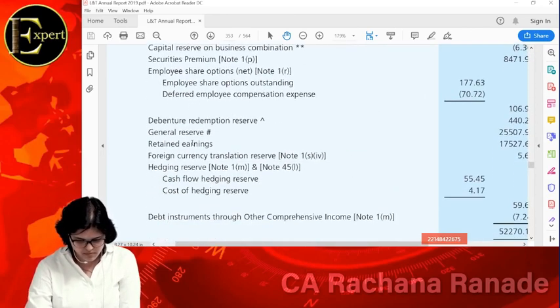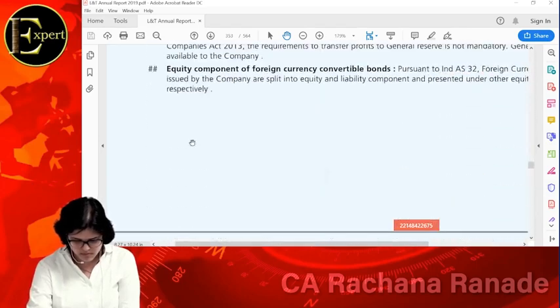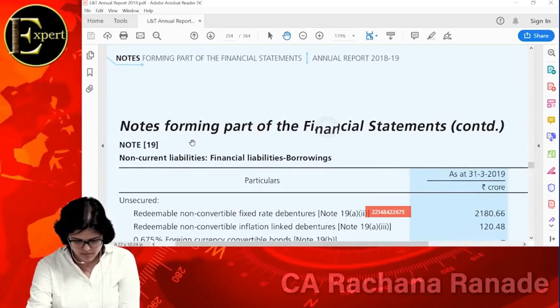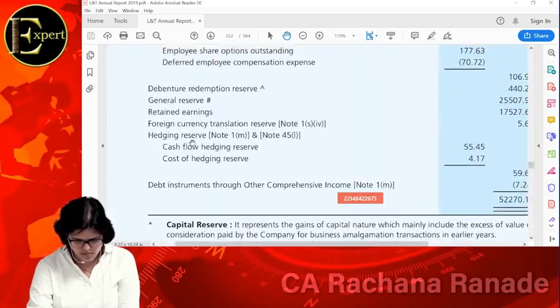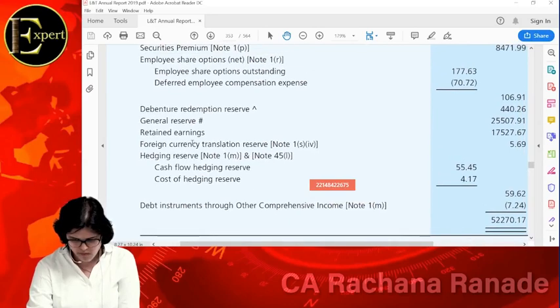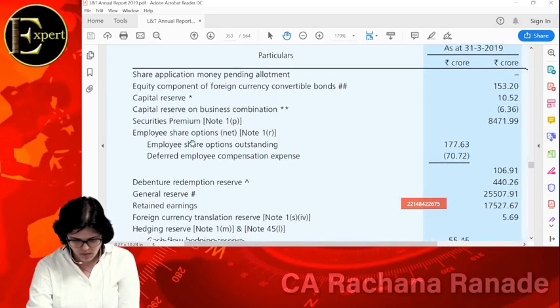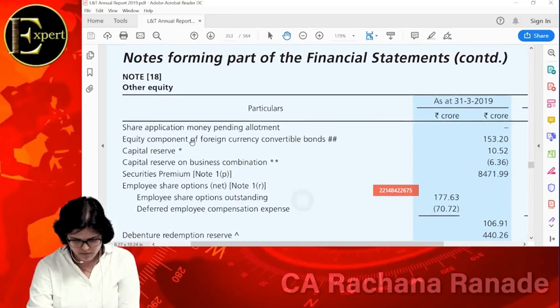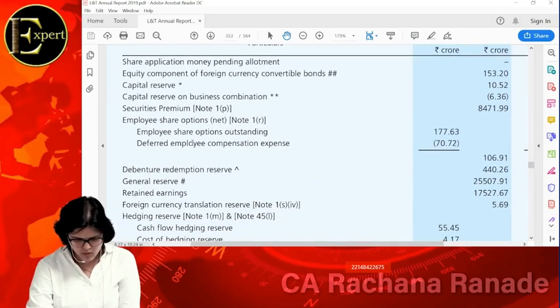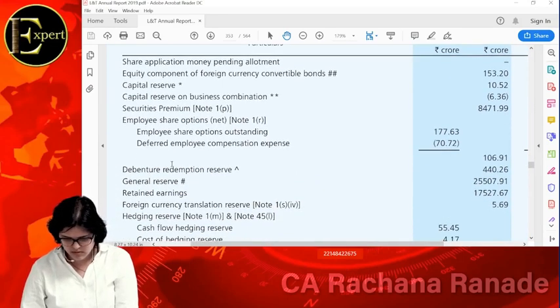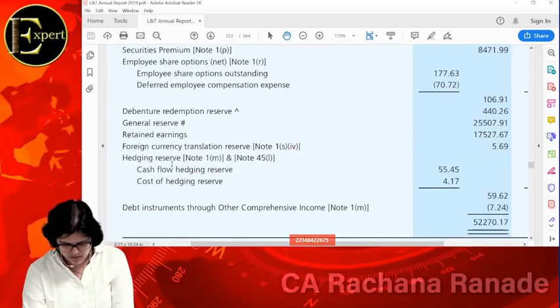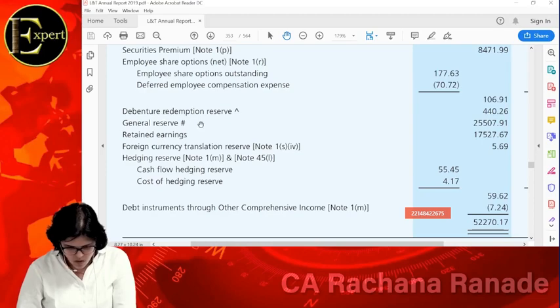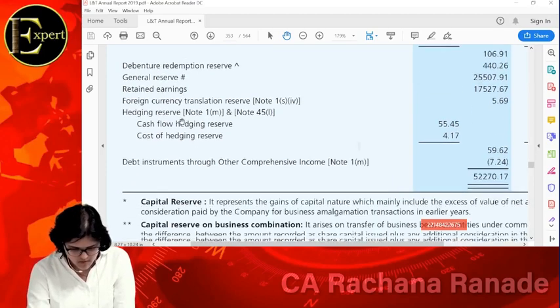Okay. What was the figure of that? 6677 something, no? Have they transferred it to reserve maybe? You have a hashtag here.